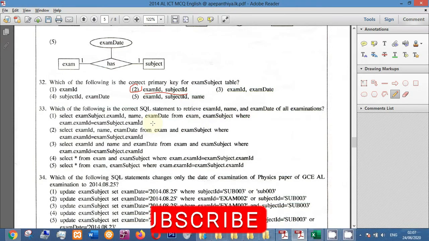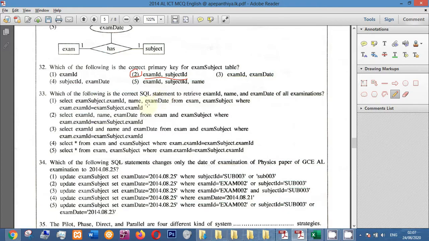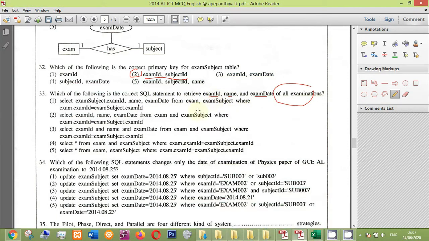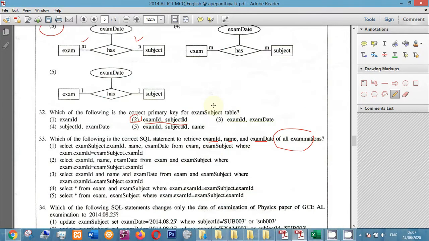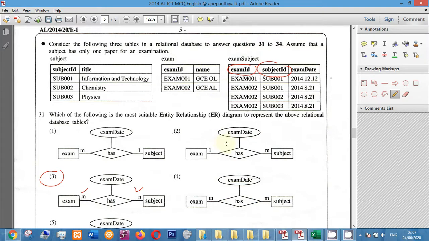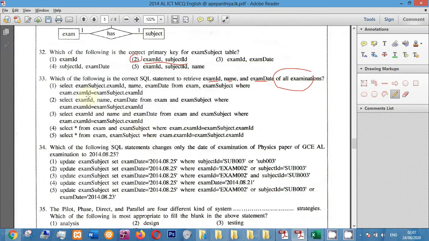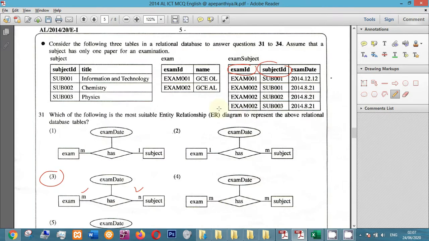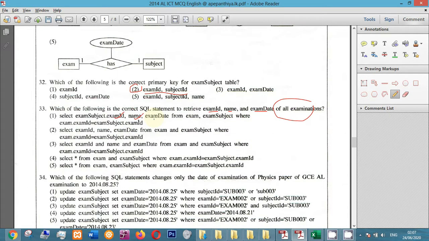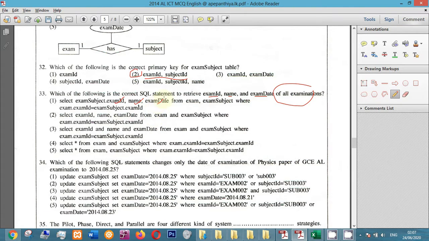Which of the following is the correct SQL statement to retrieve exam ID, name and exam date of all examinations? We need to specify where we take the exam ID from, because exam ID is there in both tables. So if you take the first one, exam subject dot exam ID, that's okay, and name comes from the other table, the exam table. Exam date from exam subject, the 2 tables are okay, correct.